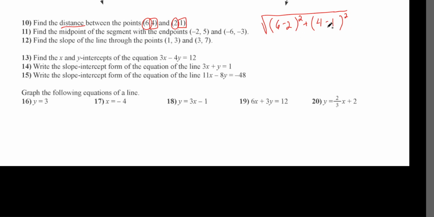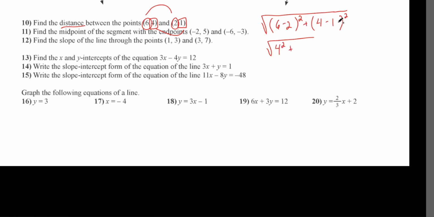That was a big issue when I was grading this, that you didn't have these numbers in here. If you put these numbers in here, you probably got this problem right. Okay? You got it. These are the x's right there, and these are the y's right there. So keep the square root. 6 minus 2 is 4, and we're going to square it.